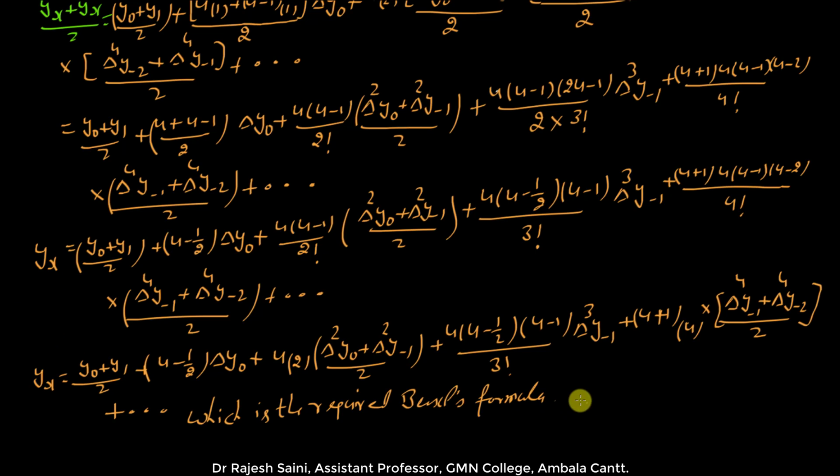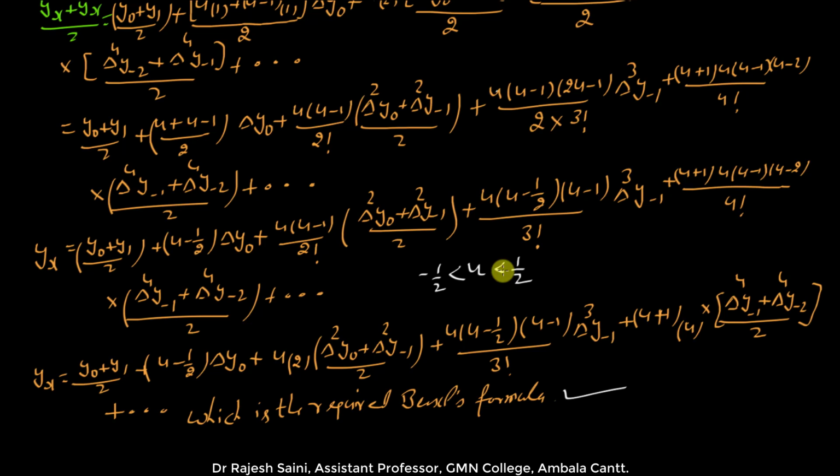Okay, so this we have derived, and this formula is a central difference formula used when u is between minus 1 by 2 and 1 by 2.